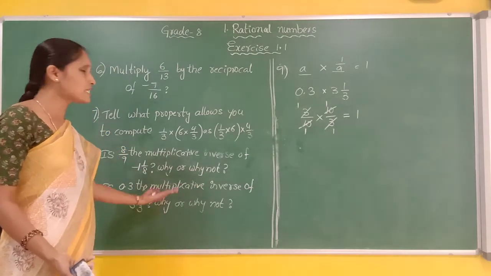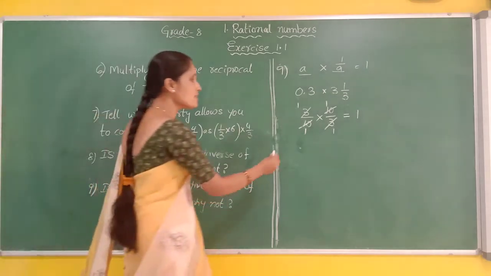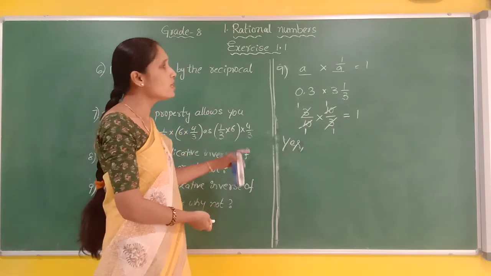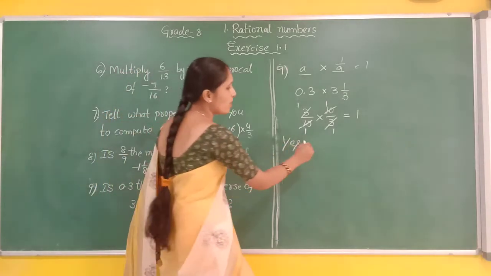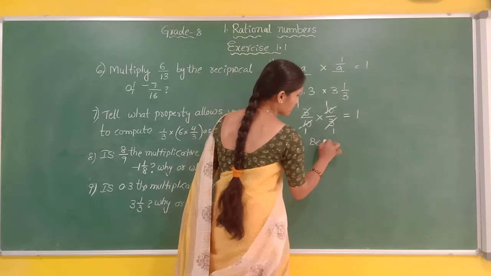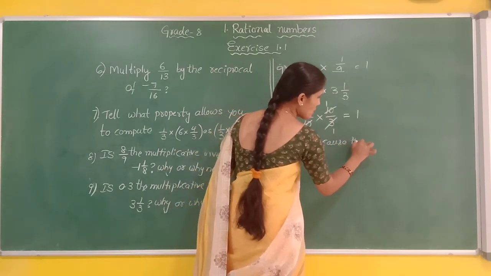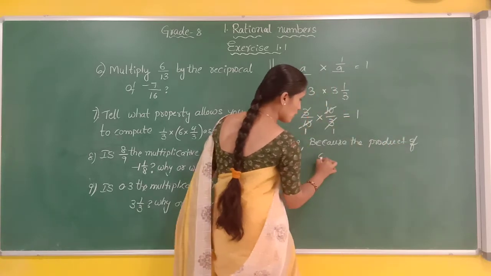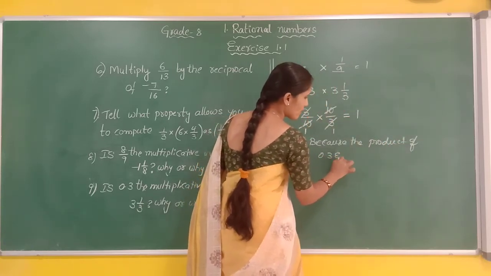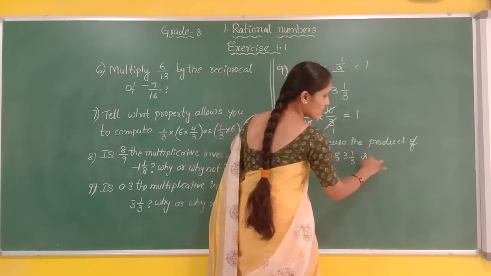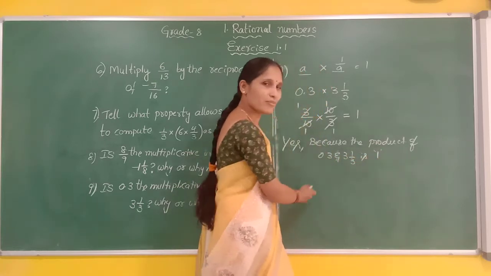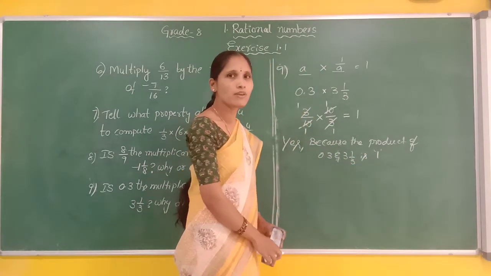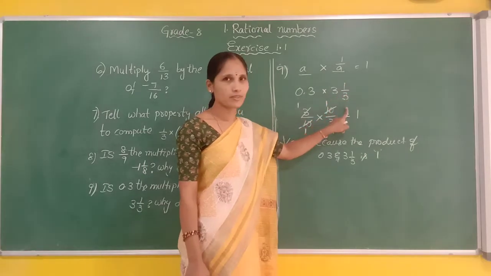Because the product is equal to 1. So yes, 0.3 is the multiplicative inverse of 3 1 by 3.